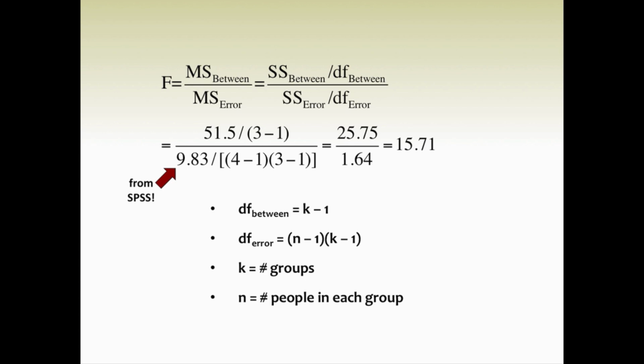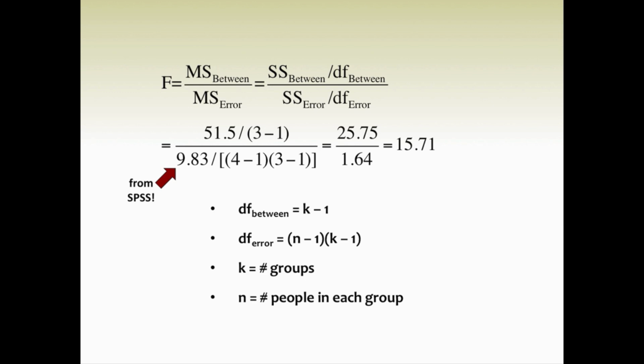For degrees of freedom error, you do a multiplication here, and this is just a little formula to remember. For degrees of freedom error, you take n minus 1. N in this case is the number of people, and that's 4. Remember, each person is measured 3 times, so there's 4 rows in our data set to represent 4 people, 3 time points.